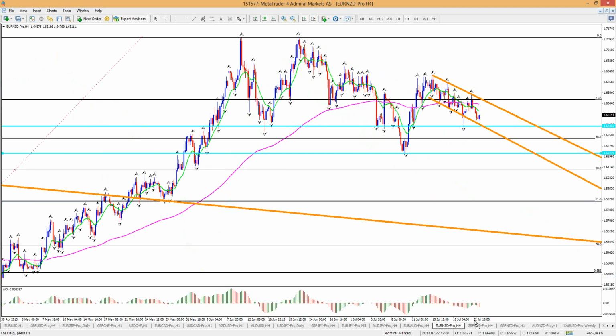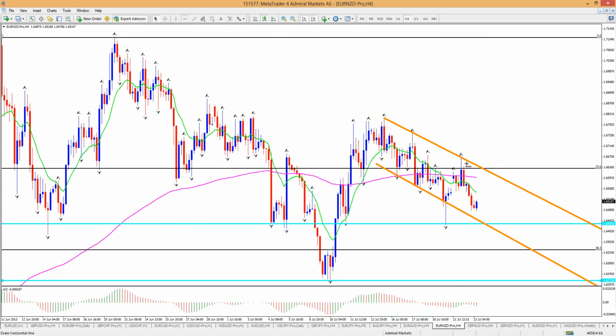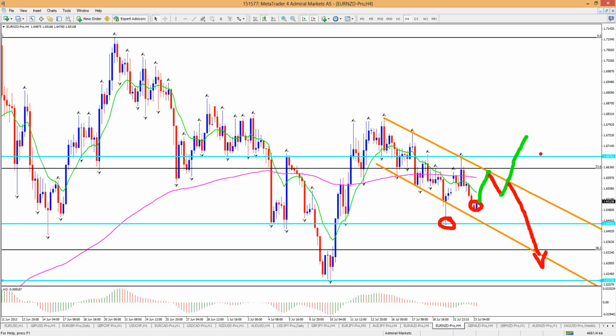And of course, logically, the resistance as well, right in here. So this looks more like a bouncing area to me, just because we're getting close to the support. Even if it were just a bounce to, for example, the top of this trend line, where it could get resistance again, then the question is, will it break, or will we get a downside? Then it becomes a bit more unclear which of the two.